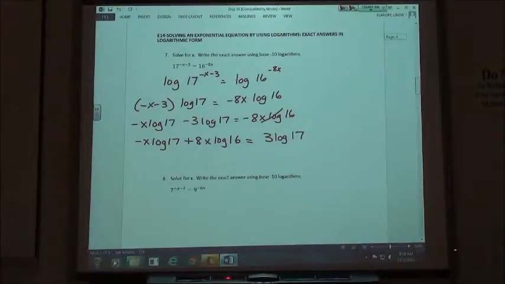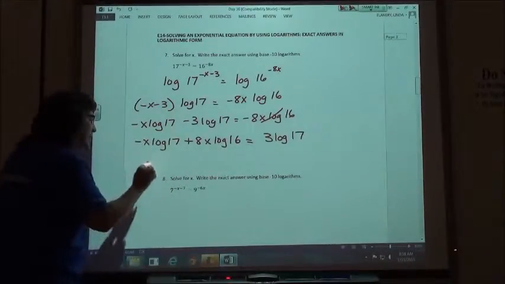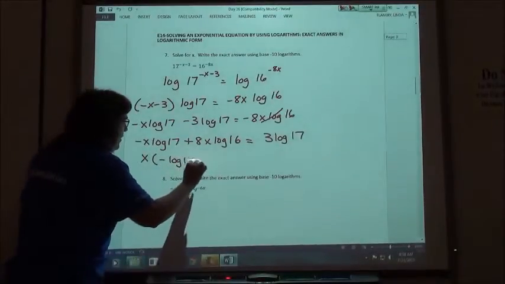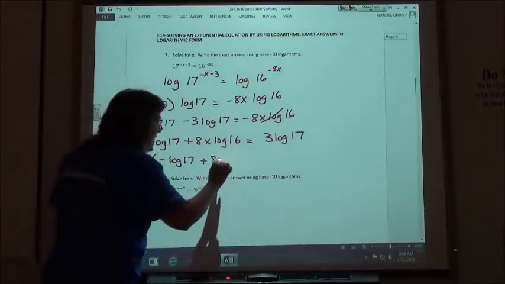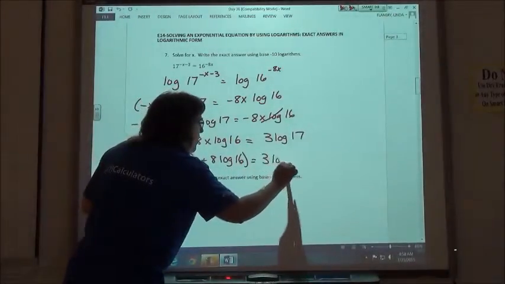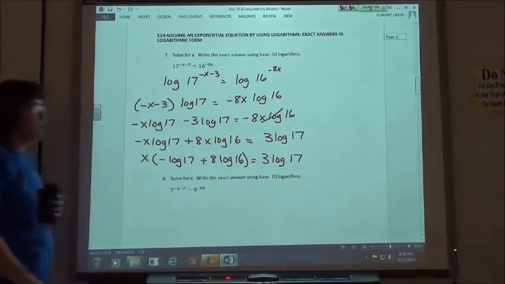Did that so that I could factor the x's out of my two terms here. So if I take the x out, I have negative log of 17 plus 8 log of 16 equals my 3 log of 17.